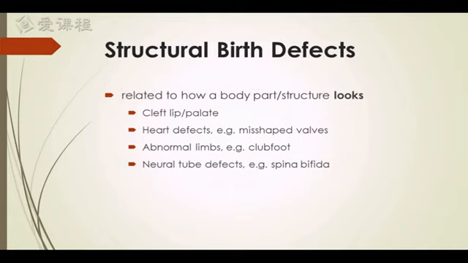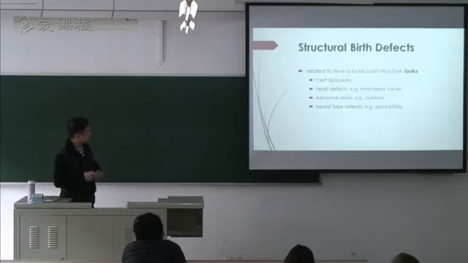We will talk about these in more detail later. And neural tube defects, like spina bifida. Those cause structural changes, abnormalities of the body structure.